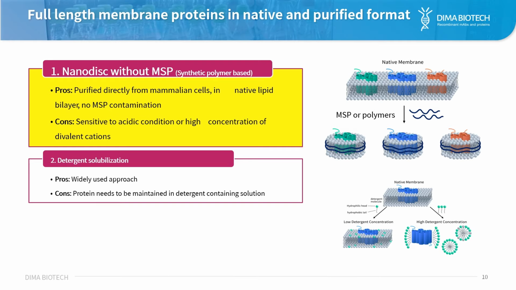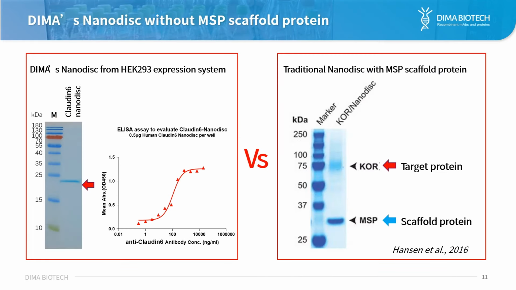Therefore it can be purified by affinity purification. Here we use a synthetic polymer to replace the MSP protein. The advantage is that our polymer is not as immunogenic as MSP, so it will increase the purity of the immunogen protein and the antibodies.